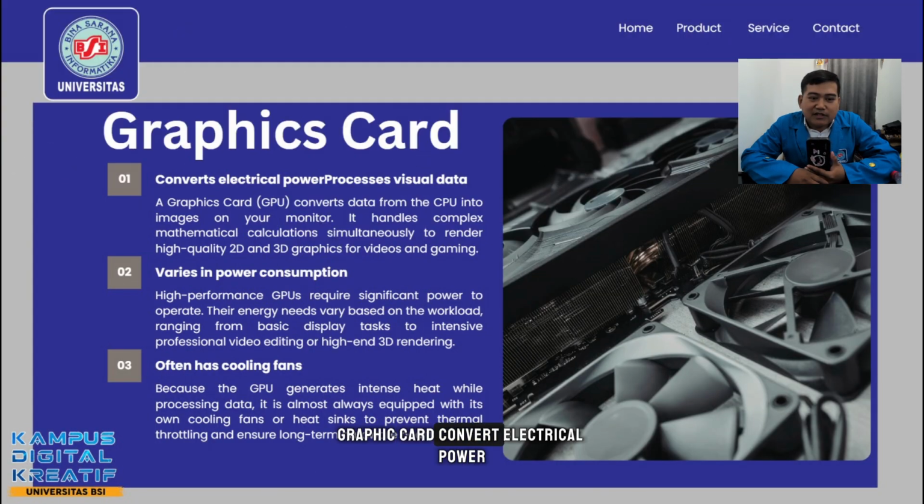Graphics card: converts electrical power, processes visual data, has two priorities in power consumption, and three, often has cooling fans. Number one, a graphics card converts data from the CPU into images on your monitor. It handles complex mathematical calculations simultaneously to render high quality 2D and 3D graphics for videos and gaming.